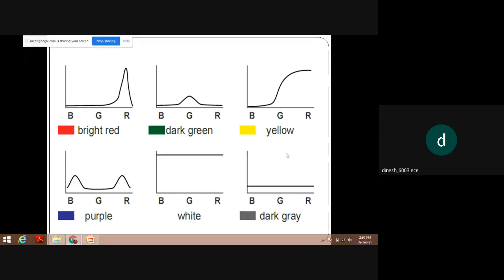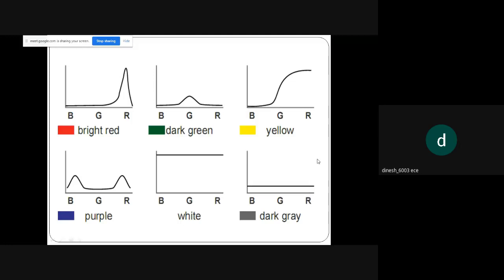Next is the color differentiation. If there is any red color indication in your observation, you can see the peak amplitude will be at red. If any observation is of green or dark green, you will have the peak variation in green color.